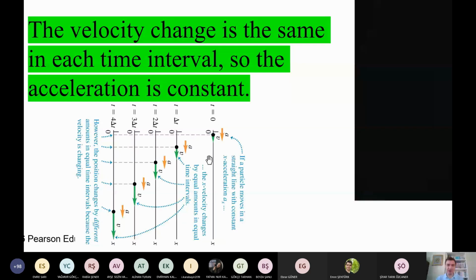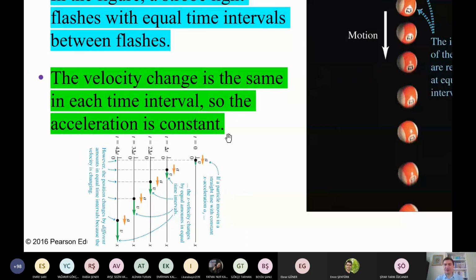After delta t, this is the position. After another delta t, this is the position. After another delta t, this is the position. So the displacement for each time interval is different. The displacement is increasing with time, and velocity also increases by equal amounts if the acceleration is constant. So this free fall is a very nice example of this type of motion.